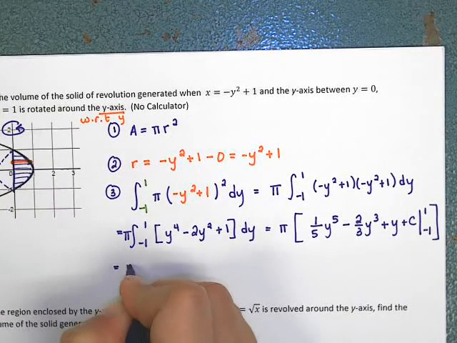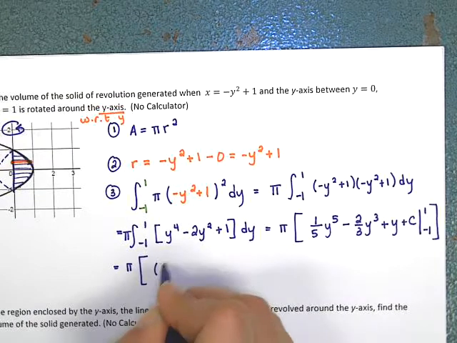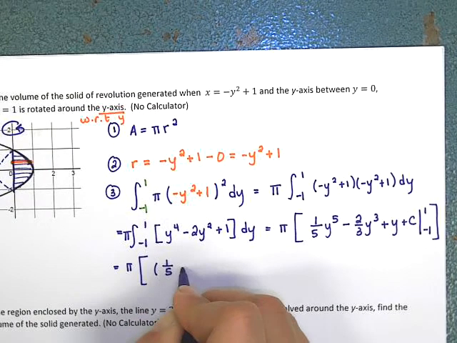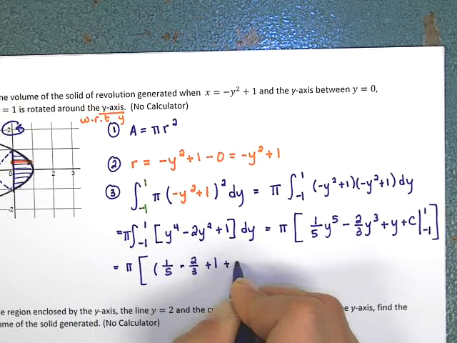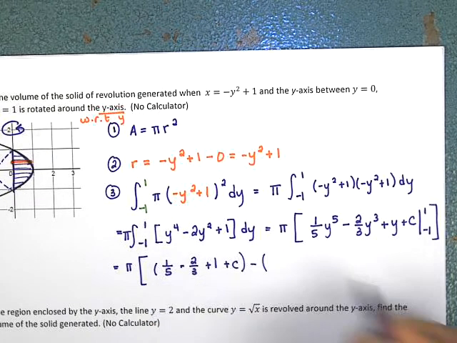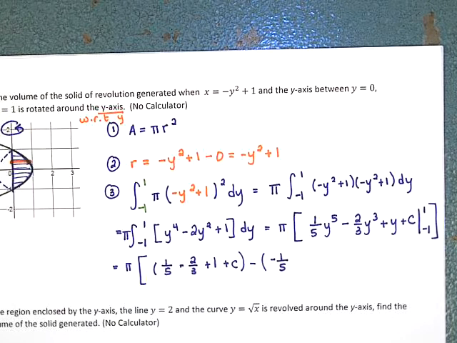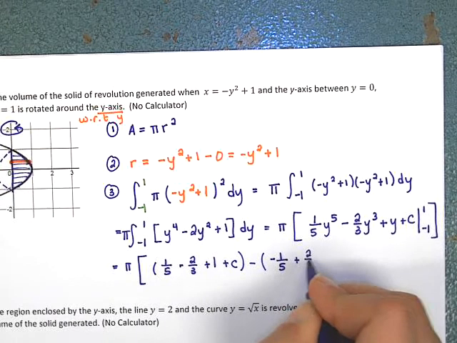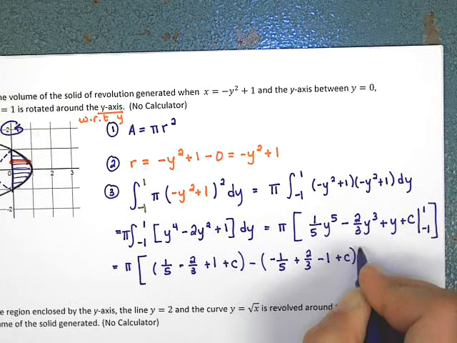Now my next step would be to plug in my numbers. So when I plug in the number 1, I get 1/5 minus 2/3 plus 1 plus c, minus, then I'm going to have negative 1/5 because negative 1 to the fifth power is negative, plus 2/3 minus 1 plus c.